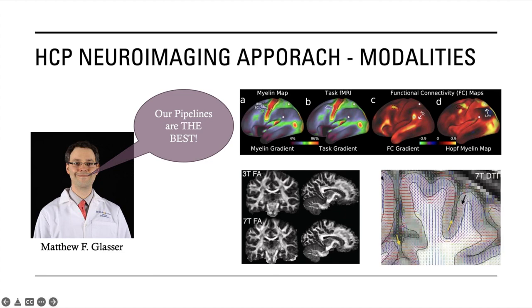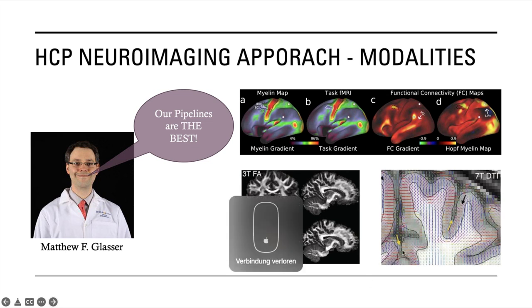Then we are now finally coming to the HCP neuroimaging approach and the modalities. They are perceived as high quality processing pipelines based on high quality data of, for example, 1,200 young adults. In this Human Connectome Project, the focus really was on good data quality and good processing pipelines.